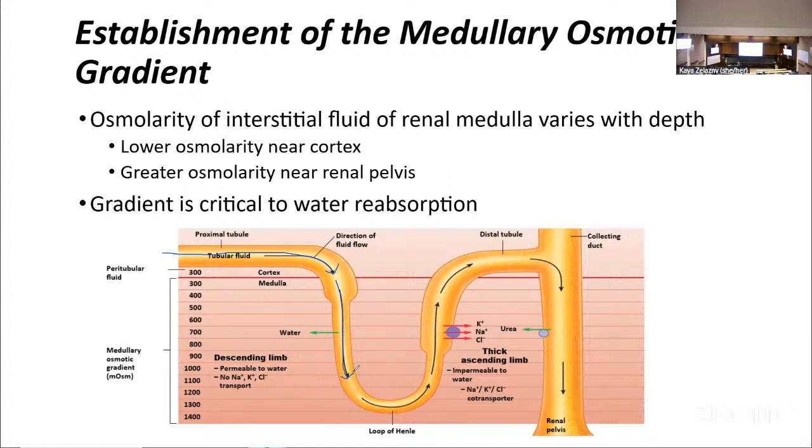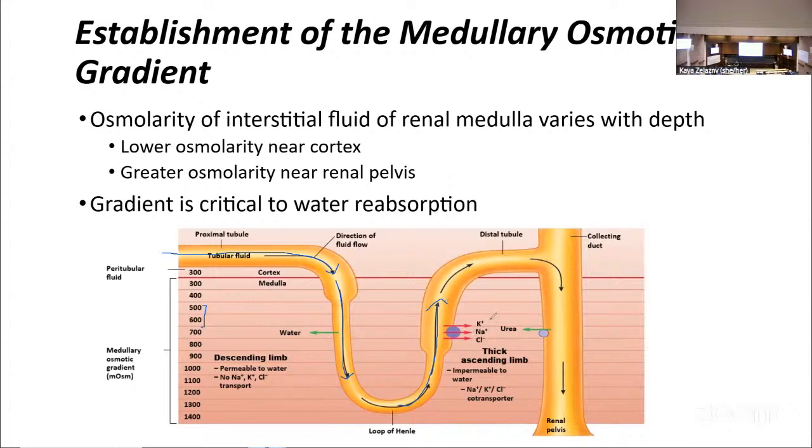So here we're going to see some water movement into the renal medulla, right? So we do have a pull on water because of this medullary osmotic gradient. As we enter the ascending limb, so going up through the loop of Henle, we don't see water movement anymore because this part of the loop of Henle is not permeable to water, so it can't get across the walls here. We don't have space for it.